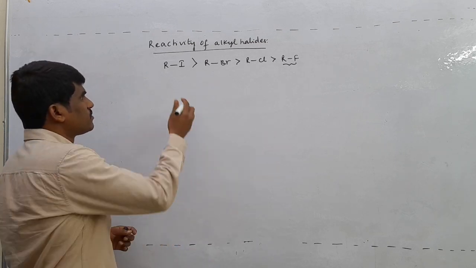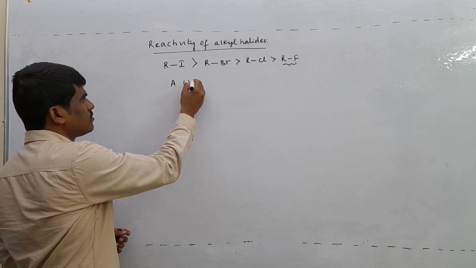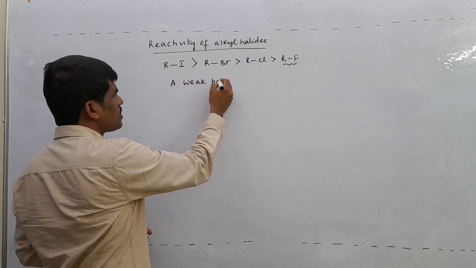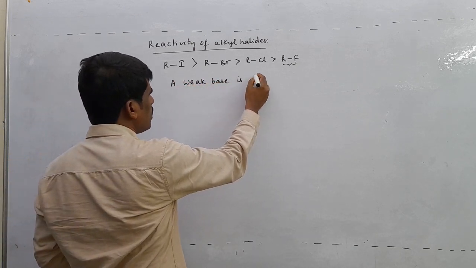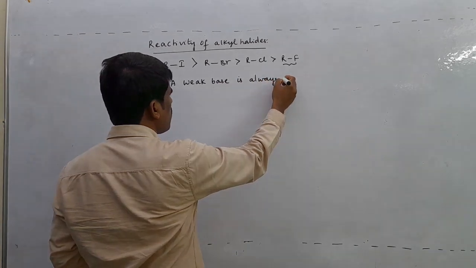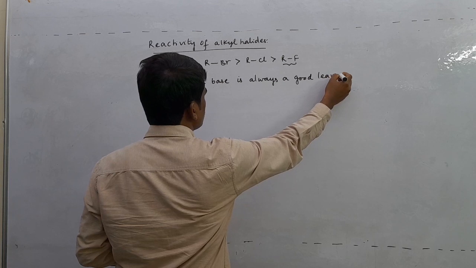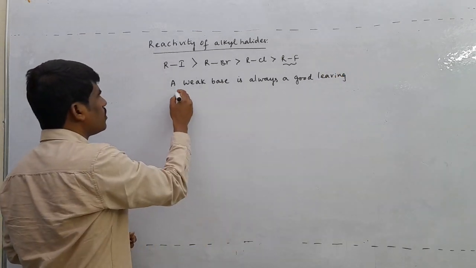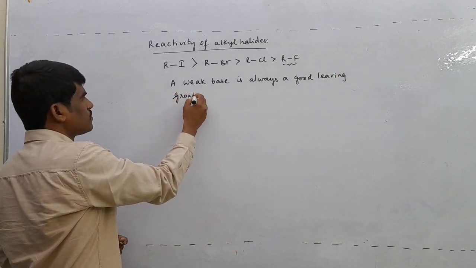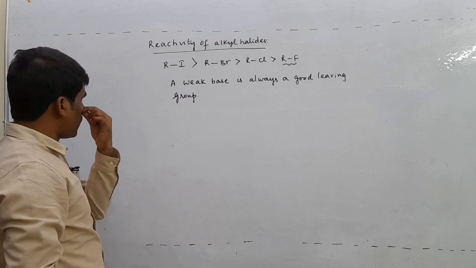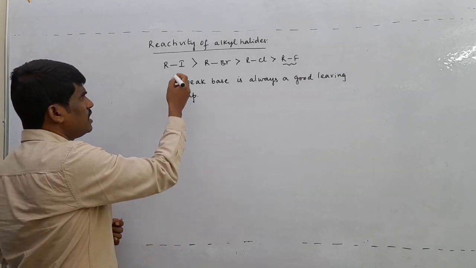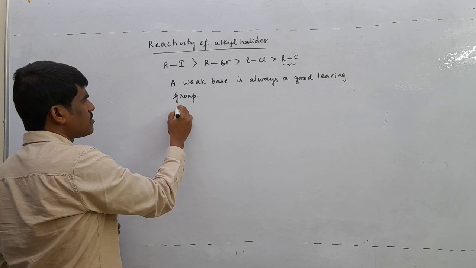In another way, a weak base is always a good leaving group. So among them, what is the basicity order? I minus is the weak base.